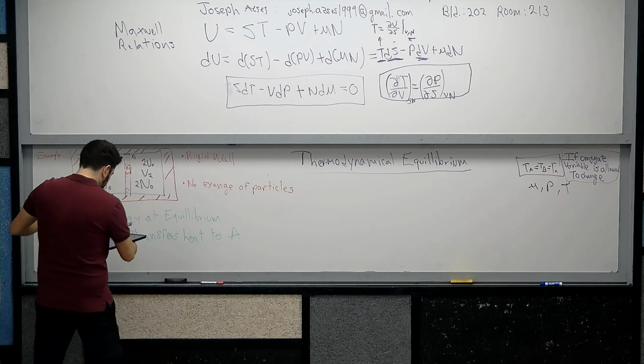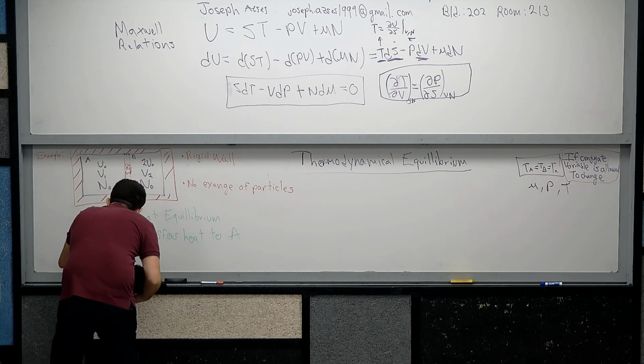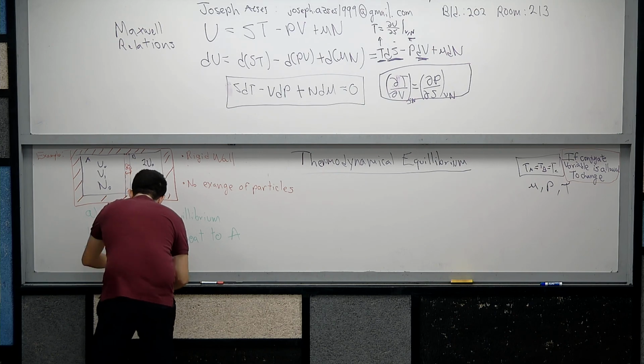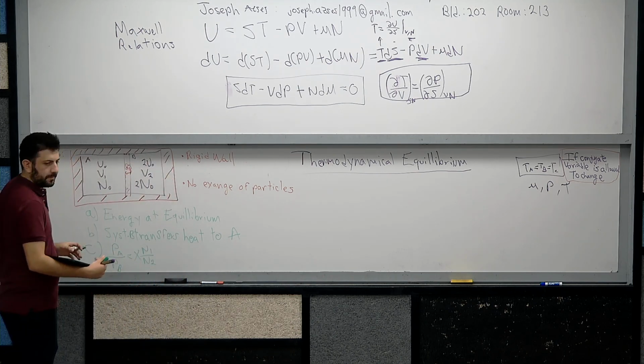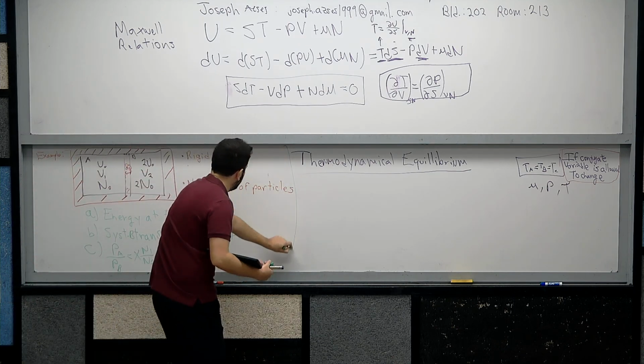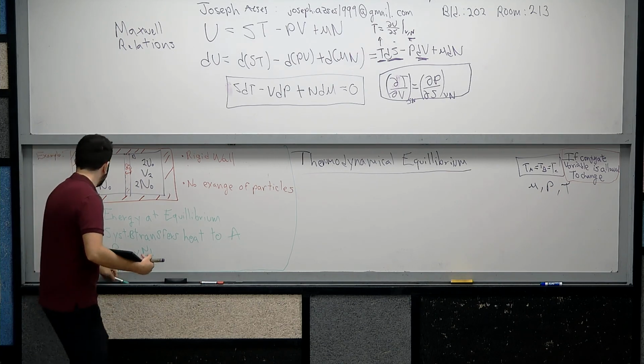And C is that we have to prove that this relation holds between the pressure and the number of particles and the volume. Okay, that's the task. We have this system, and we are asked to solve this question.